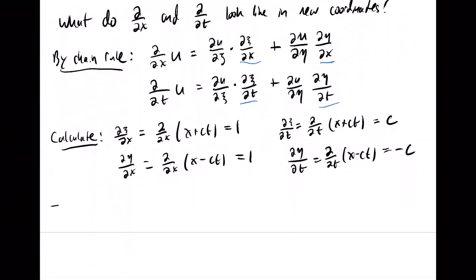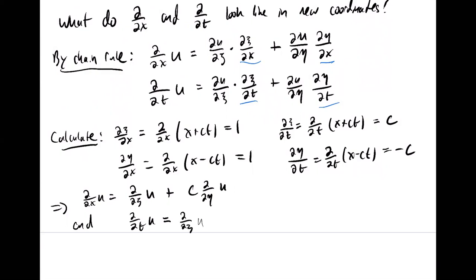And so this tells me then that the derivative with respect to x of u is the same thing as the derivative with respect to xi of u plus c times the derivative with respect to eta of u, and also the derivative with respect to t of u is equal to the derivative with respect to xi of u minus c times the derivative with respect to eta of u.